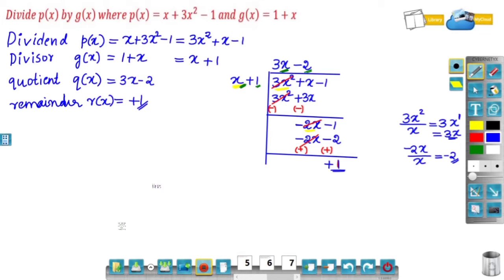Quotient q of x is equal to 3x minus 2. Remainder r of x is equal to plus 1. Here degree of the divisor is 1. Now degree of the remainder, our remainder is plus 1. Degree of the constant is 0. So we have to stop in this step.